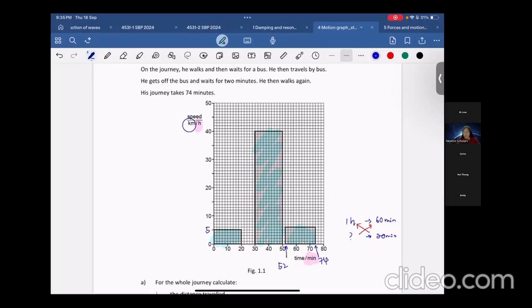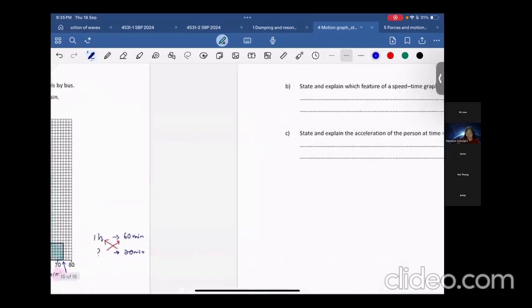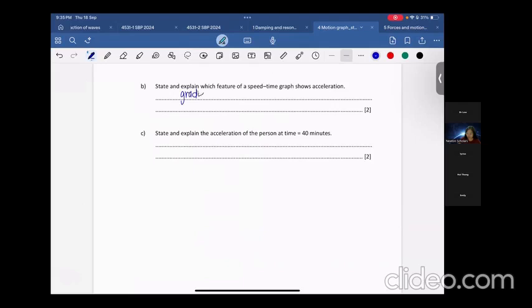How do I know acceleration? I find the gradient. Am I right? Gradient. The gradient of your speed-time graph is equal to your acceleration. So gradient, say the reason. Gradient is equal to the change of speed divided by time. So this is actually acceleration.